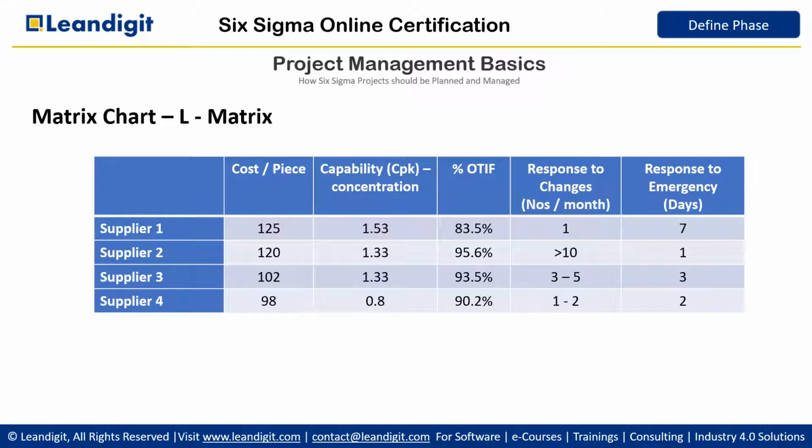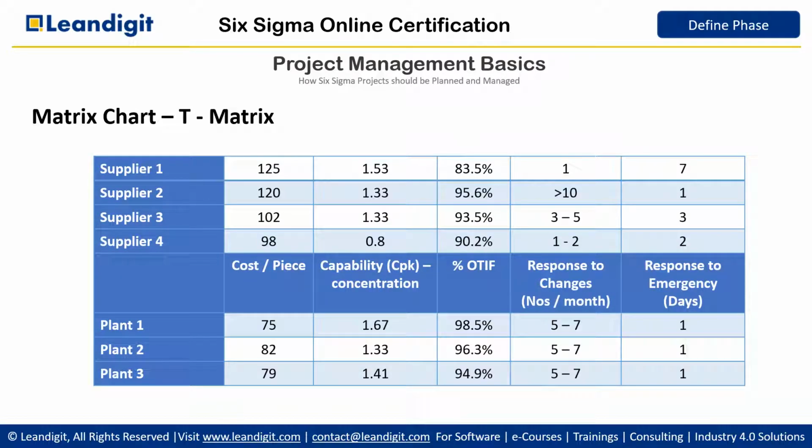Now we want to compare our suppliers with our own plants who are manufacturing the same product. We see that the overall cost of manufacturing of our plants is much lower. Capability wise, our plant 1 is best of all. Our plant 2 is similar to supplier 2 and 3, whereas plant 3 is better than plant 2 and a little worse than plant 1.